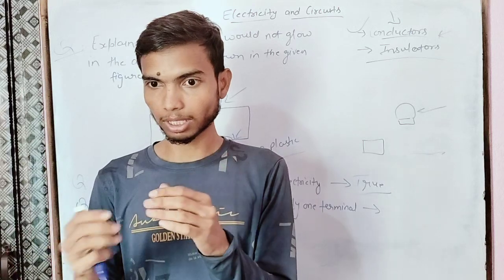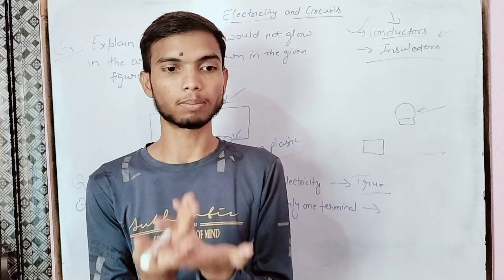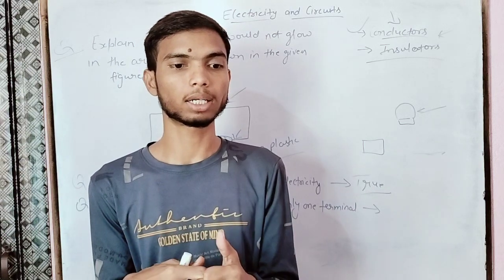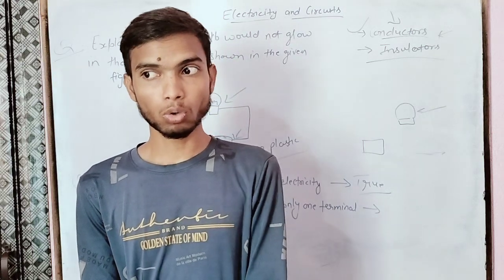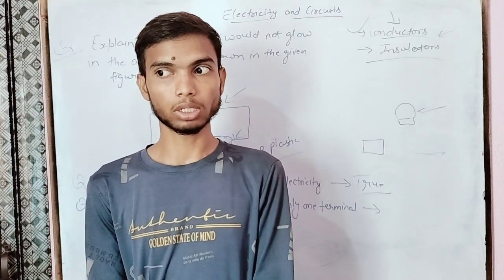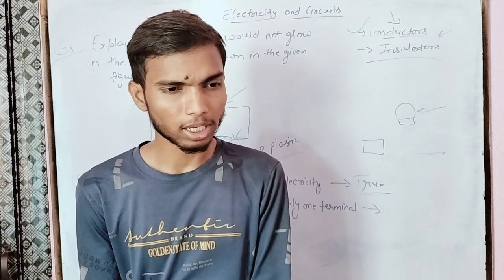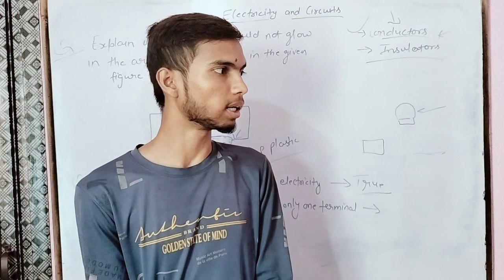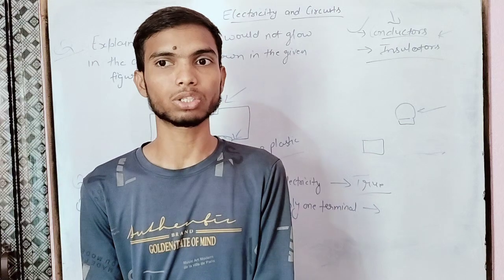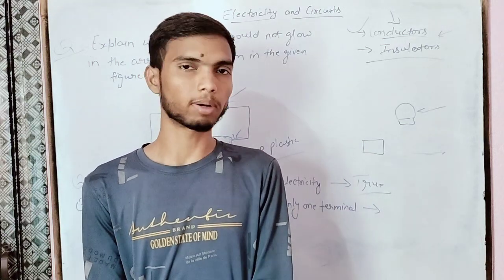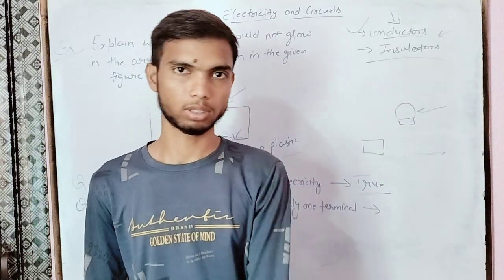One positive terminal is the metal cap. The second, negative terminal is the metal disc. So any kind of electric component you can take, that electrical device will have two terminals instead of one terminal.